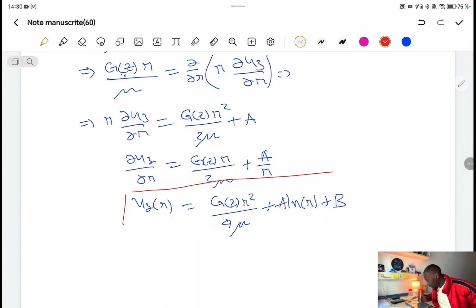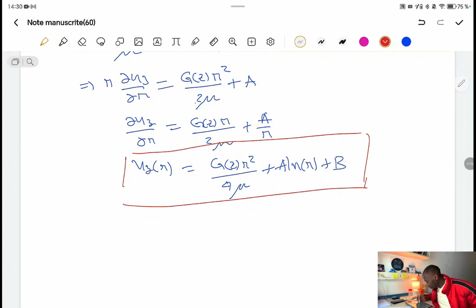So that is our equation for the speed profile. Now we have to find these constants a and b. To find them, we have to apply boundary conditions.